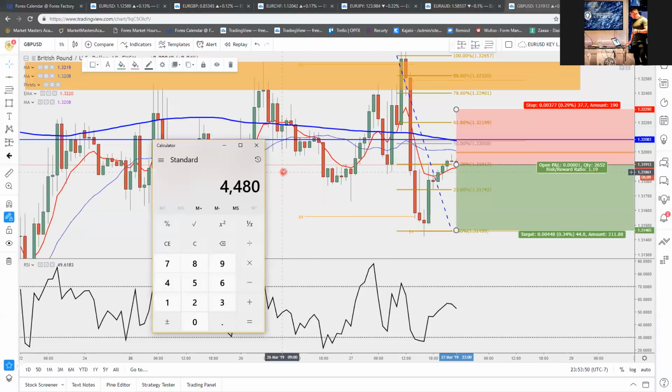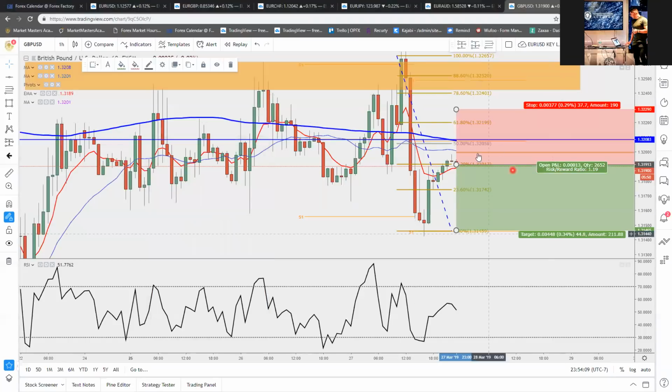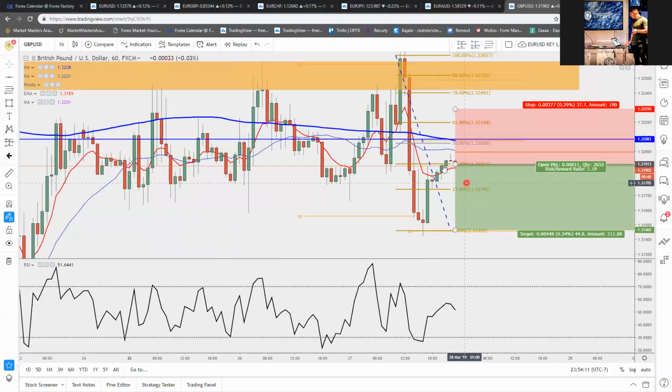So I'll have a notebook next to me that I put profit. I'm going to be making 4,480, but then loss, if I do 377 times a 10 lot, it's 3,770. Then I just keep in mind how much I lose, how much I win.